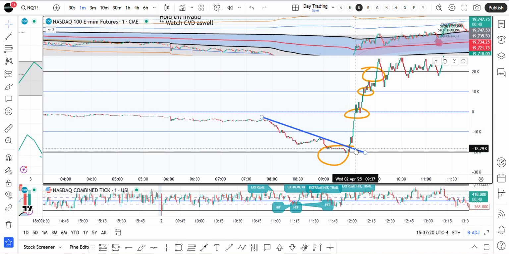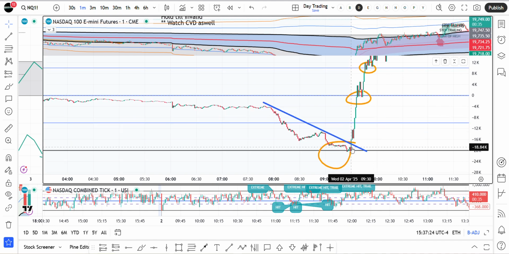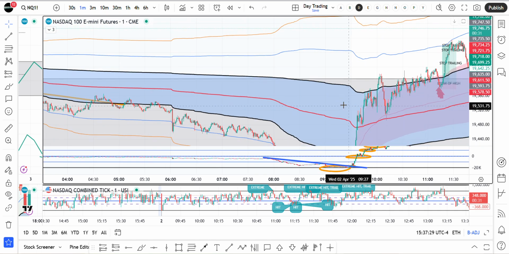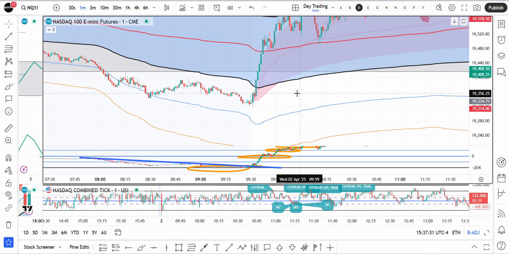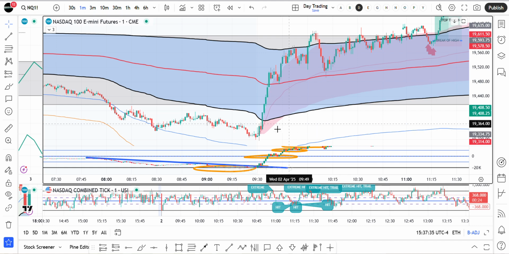and I usually do this on a 3 minute chart just because I don't want to see all this. Sometimes it's ugly. At 9:30 was that shift, which you see right there, and then large buying comes in.